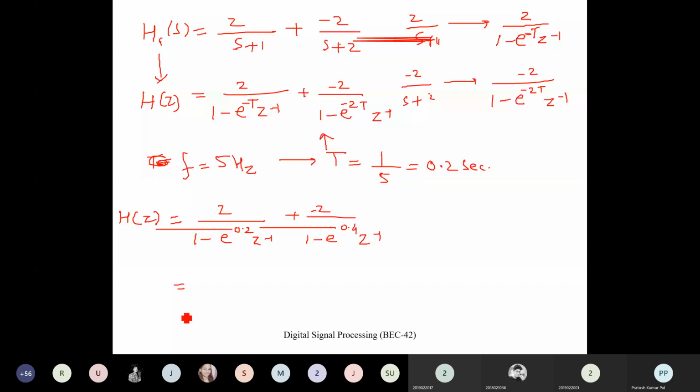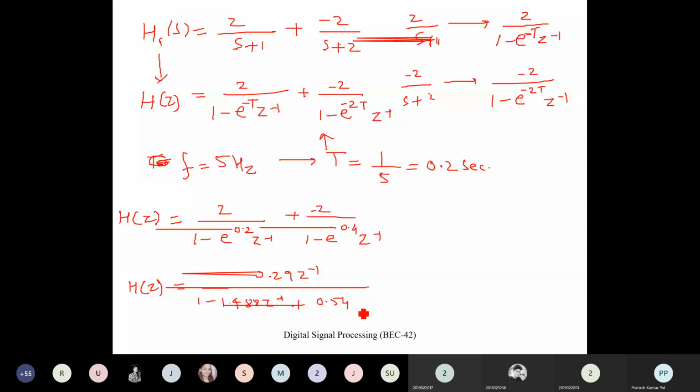You can get like 0.29 z inverse divided by 1 minus 1.488 z inverse plus 0.54 z to the power minus 2.